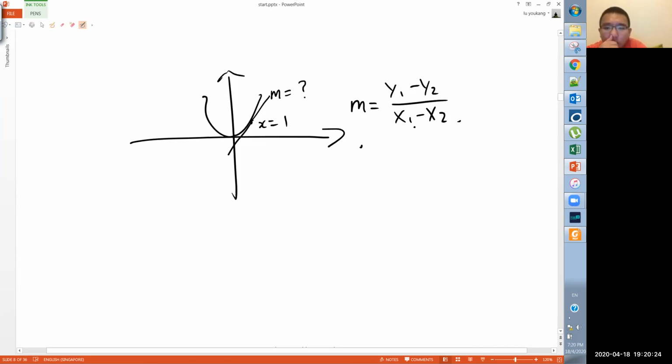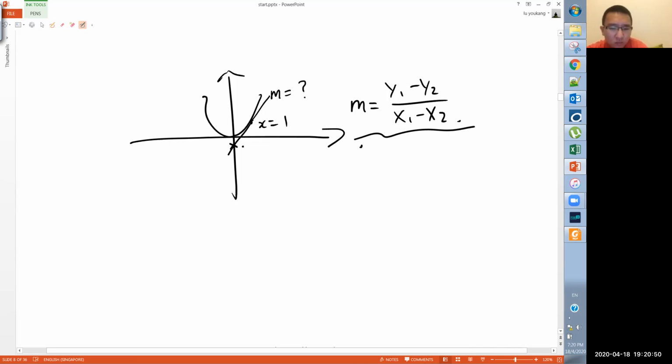So if you don't use your gradient function, let's assume that you have not learned differentiation and integration, then you use this formula to find the gradient for this tangent. You just need to pick 2 points.